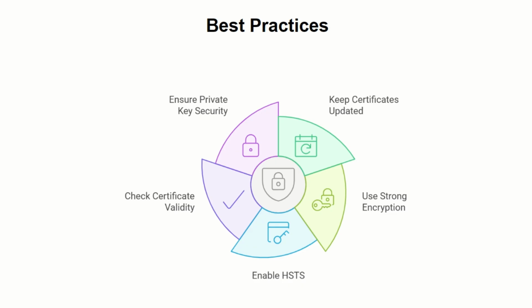Enable HSTS, HTTP Strict Transport Security, for a web application. HSTS ensures that browsers only connect to your server over HTTPS. Then ensure that your certificate is issued by a trusted CA and verify the validity period. Always keep your private key secure and never share it. If the private key is compromised, you will need to revoke and reissue the certificate.